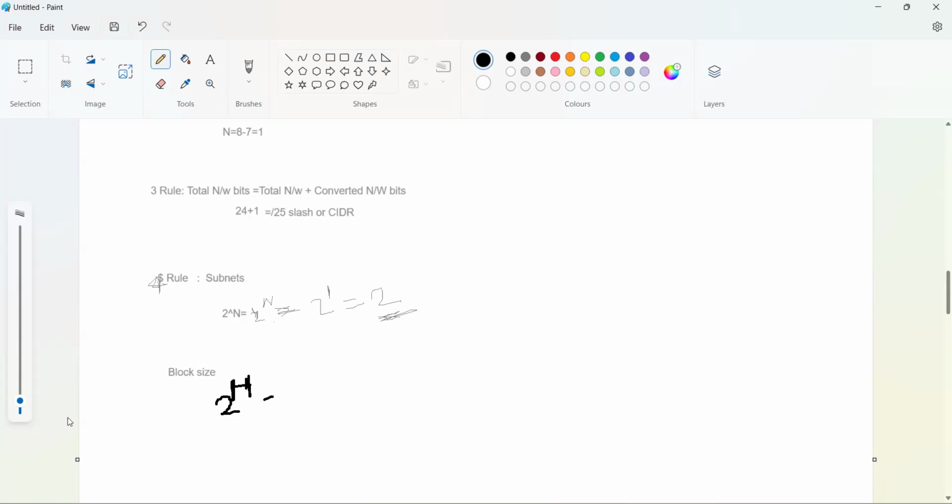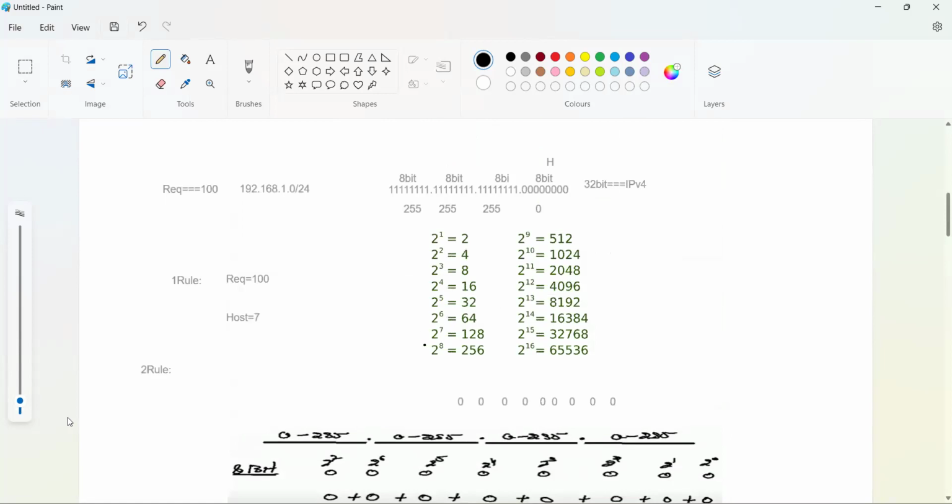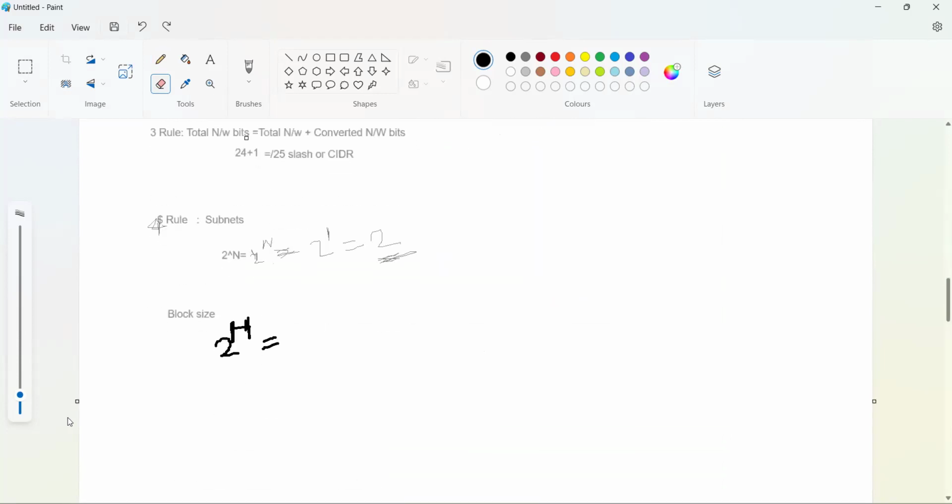Tell me anyone, what is my host bits? 7. My host bits value is 7. 2 to the power of 7, the value is 128.